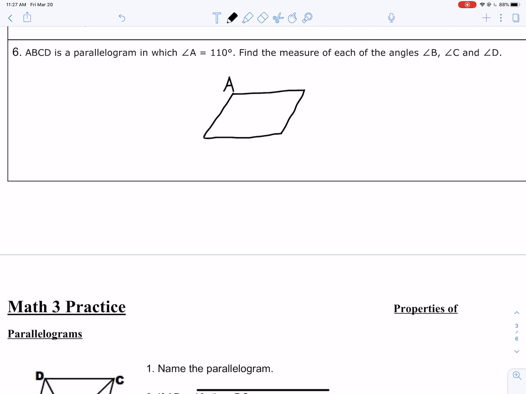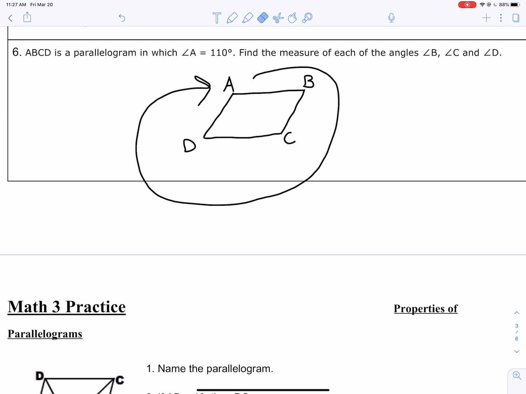So if I start with A in this upper left corner, then I want to go around the figure to label it. You don't want to just put them anywhere. You want to say if that's A, this is B, then C, and then D. So you can start in any corner, but then you would just need to go around the figure to label it. Don't go zigzag and put like A across from B, for example.